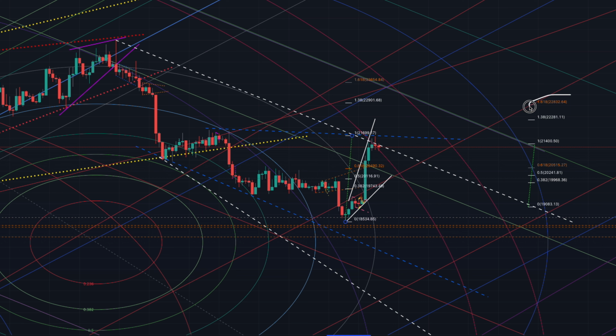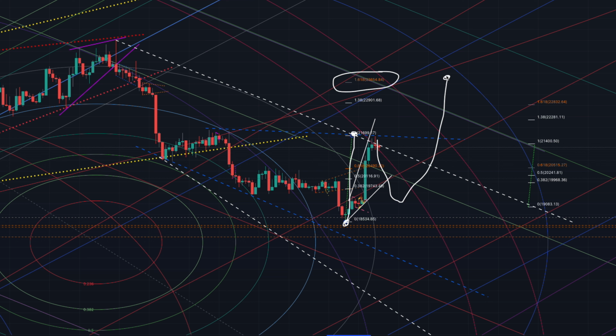Instead of this 22,832, which would be measuring from here to here, it's actually going to be 23,654, measuring from here to the peak of the second run. So if we do a big enough retracement here and it becomes a third run, then we're looking at 23,654.